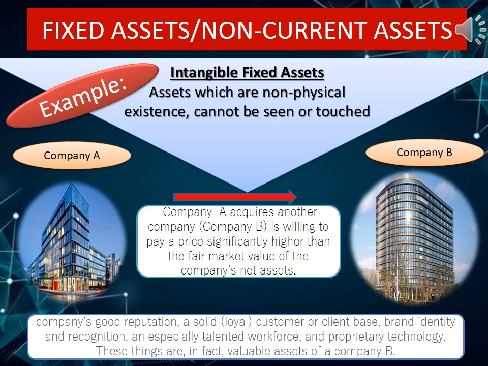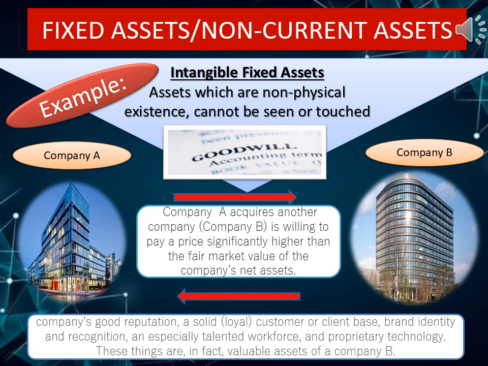These things are, in fact, valuable assets of Company B. However, they are not tangible, physical assets, nor can their value be precisely quantified. This is known as goodwill to Company A when Company A acquires Company B.